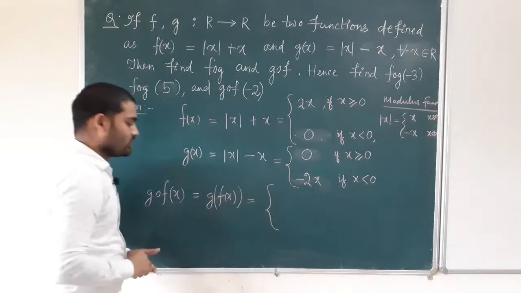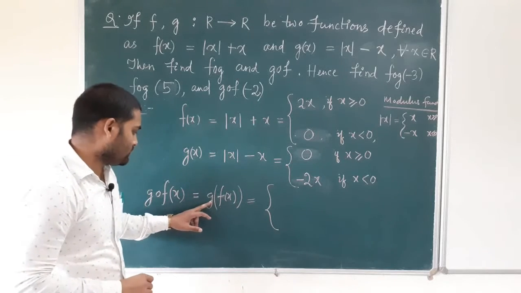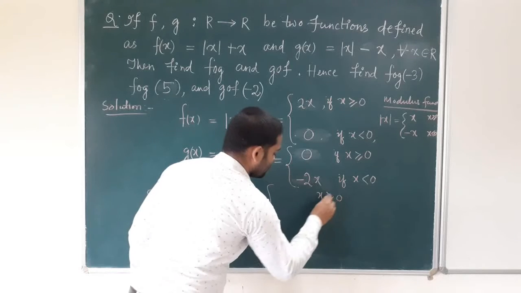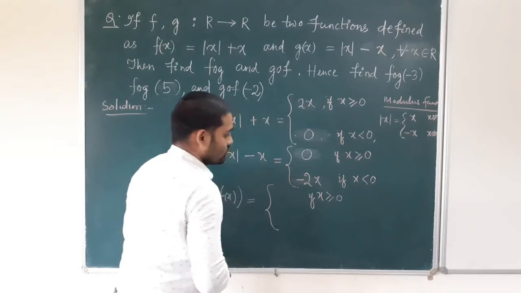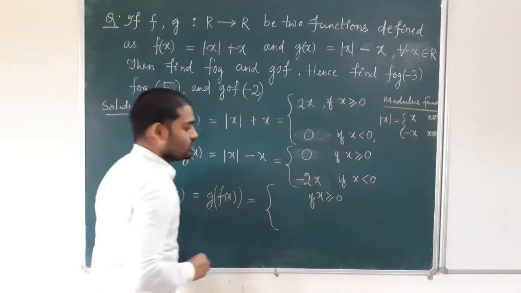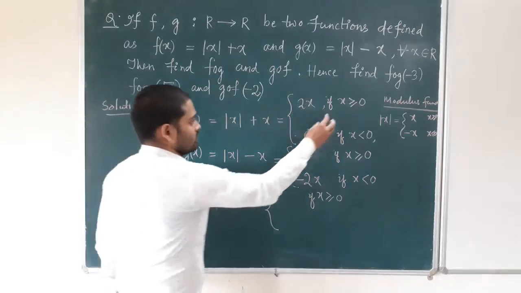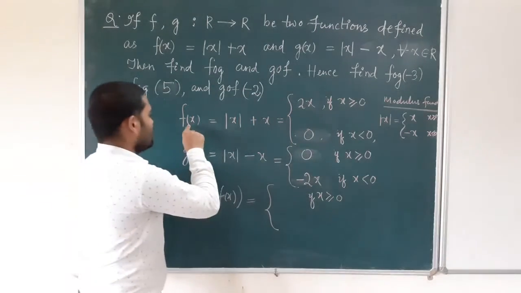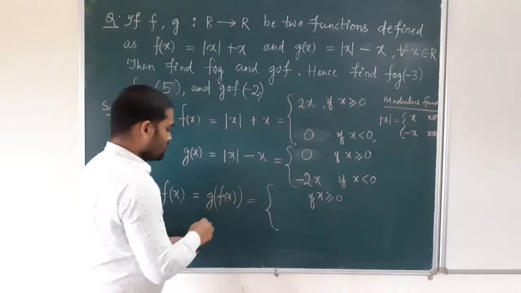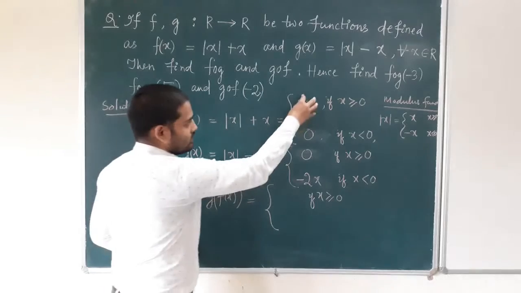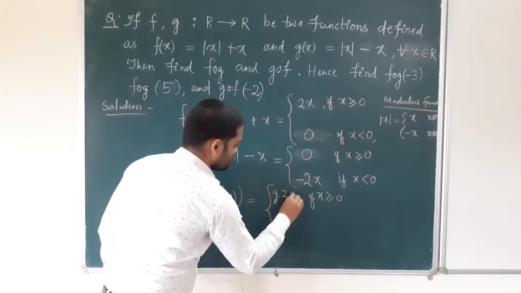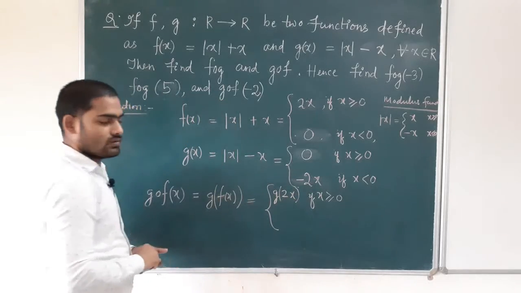Now you can write here when x is greater than or equal to 0, then f of x is equal to 2x. So in this place we can write 2x, so g of 2x.